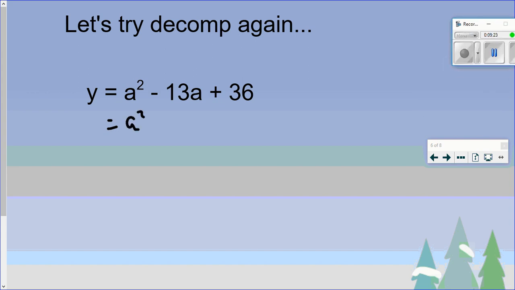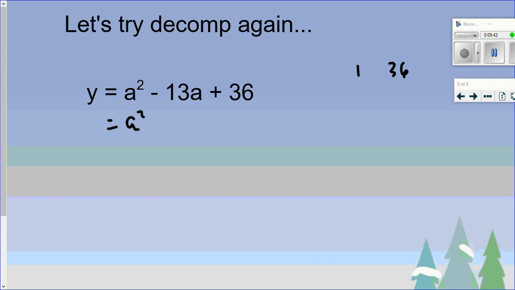Now, sometimes you're going to run into a weird situation where you have more than one option. My initial thought here was that it was 12 times 3 until I realized that the numbers wouldn't work. So here's a little trick. Make yourself a factor tree.